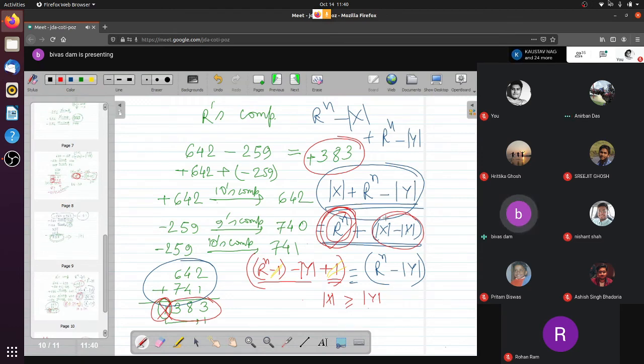This is a very critical point. In case the magnitude of x is less than the magnitude of y, mod x minus mod y will itself be a negative value.